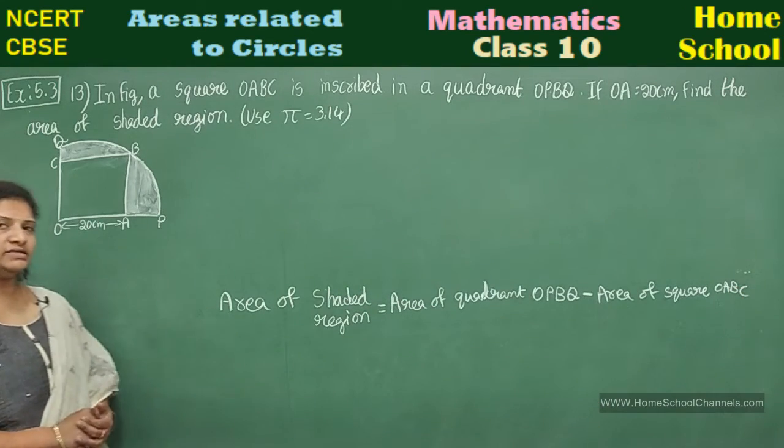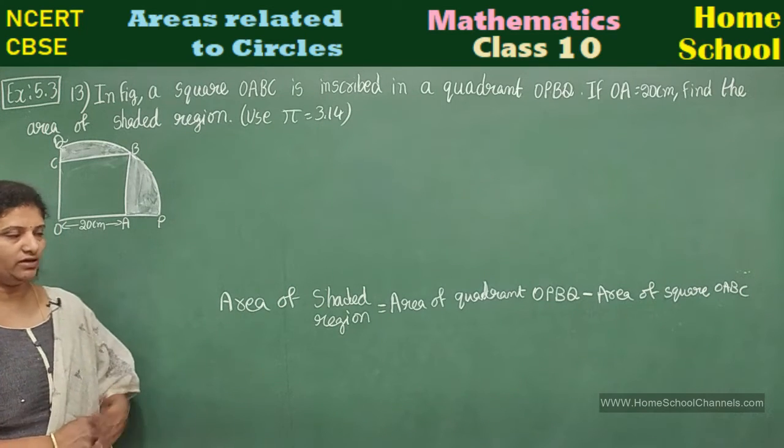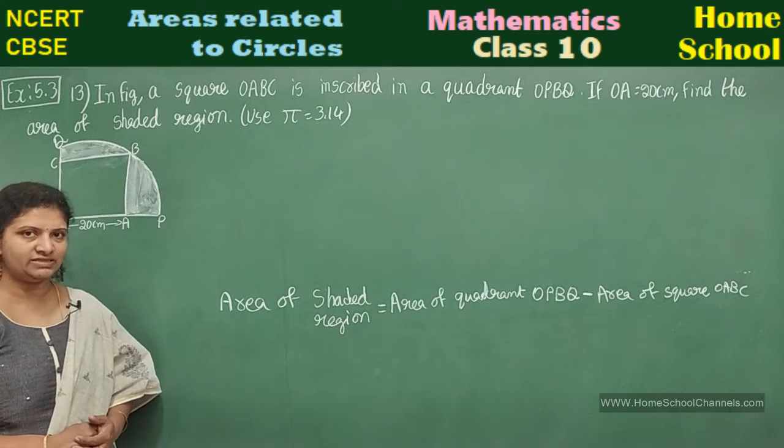Area of a square is very simple. We know the side length. Area of a square formula is side square. So that is 20 into 20. We are going to get 400 centimeters square.